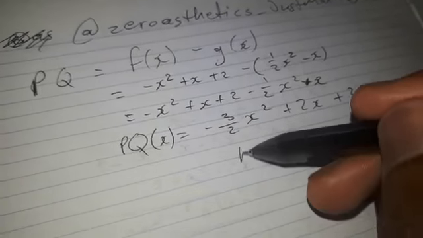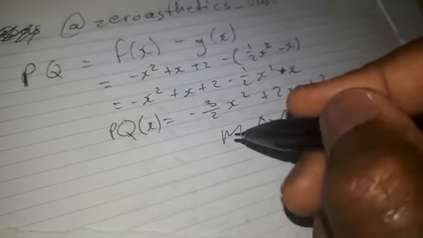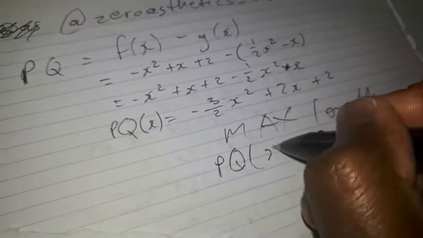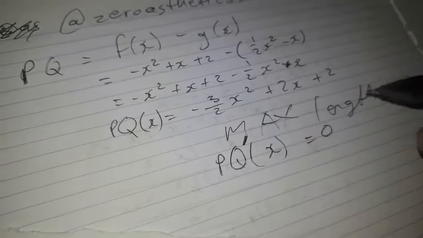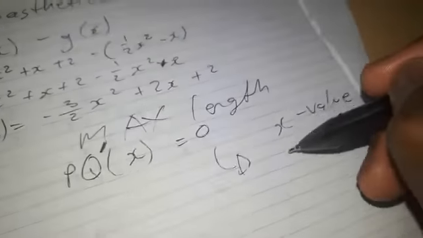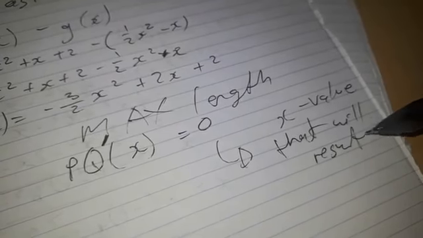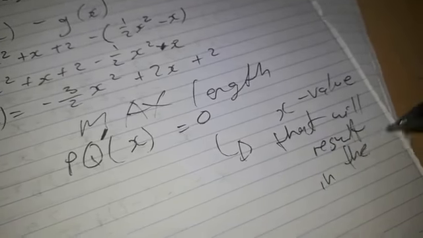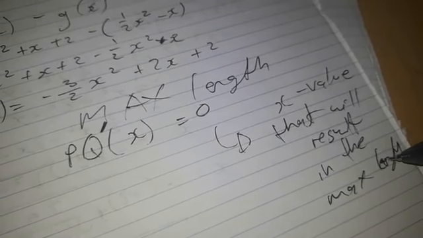So technically, if you want to get the maximum length, then just like all questions, you need to take this equation and differentiate it and equate it to 0 to get an x value that will result in the maximum length. And let me just expand on this a bit.